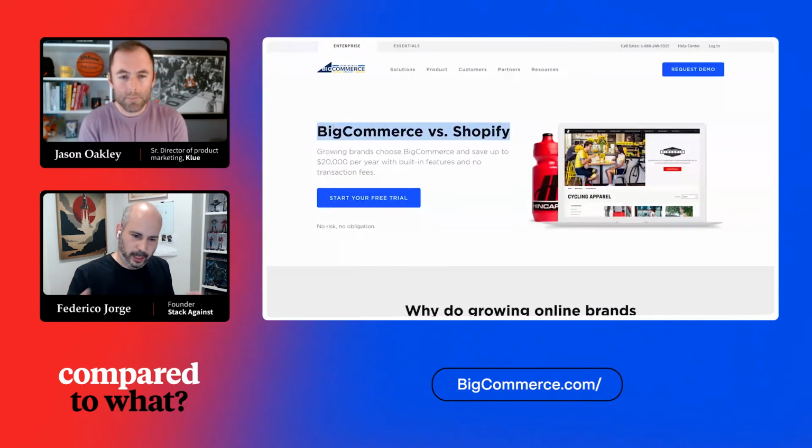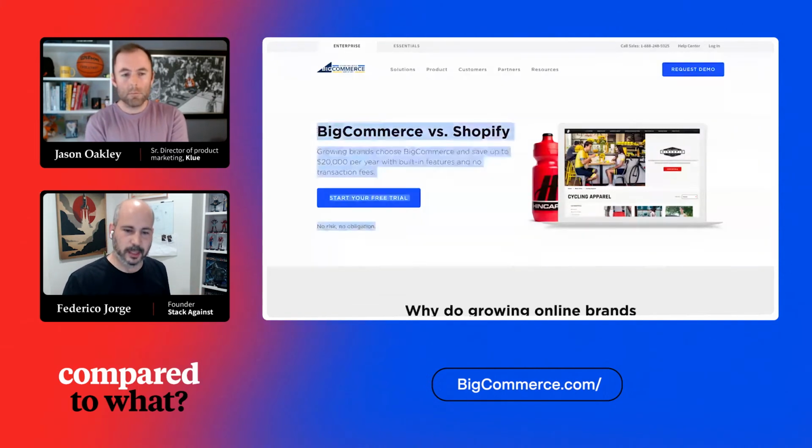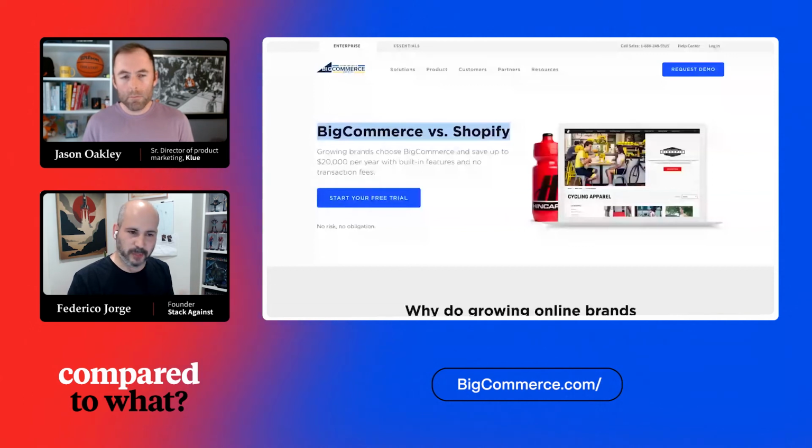Like I said before, every product serves a slightly different purpose, even though you're in the same space. So it's good that BigCommerce wants to tell people how they're different, and that's where this could be improved. This could be a better page in terms of conversion.